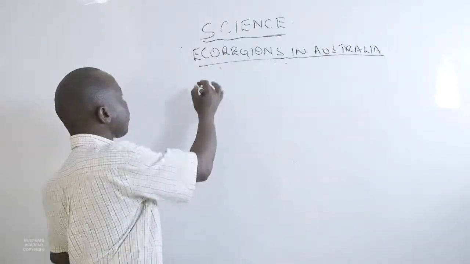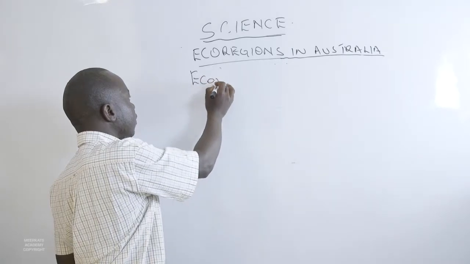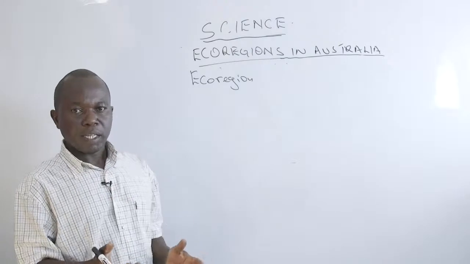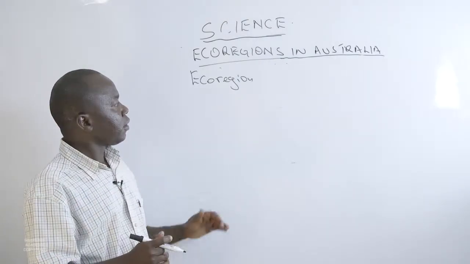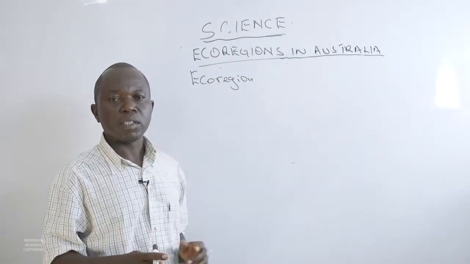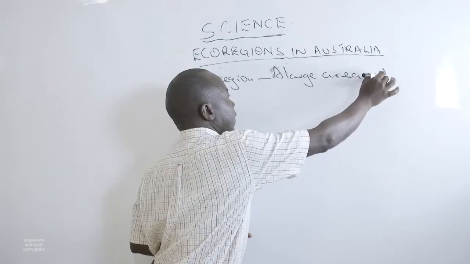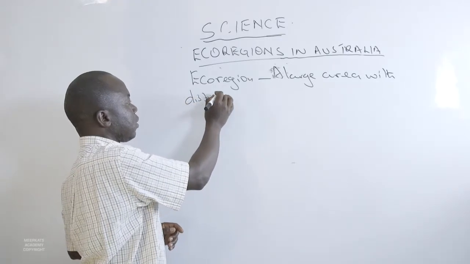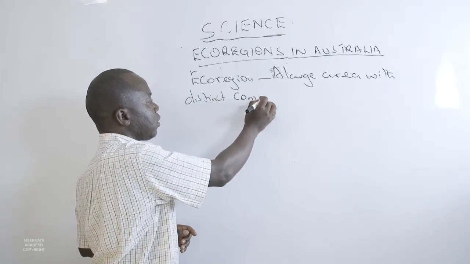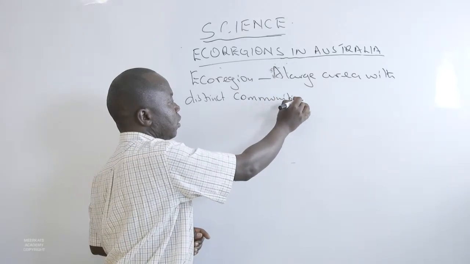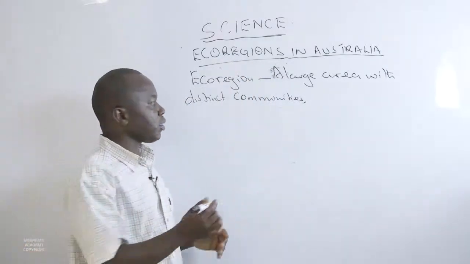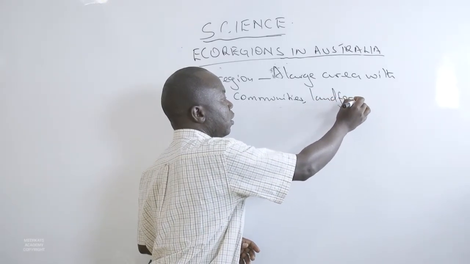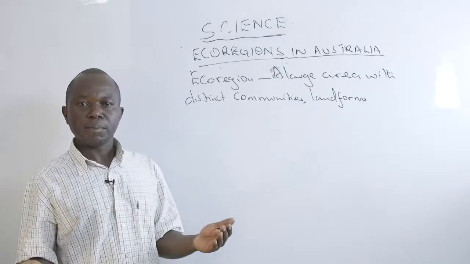So in this case, we can define an ecoregion as a large area with distinct communities. We are going to have different communities, landforms. The landform is not going to be the same.